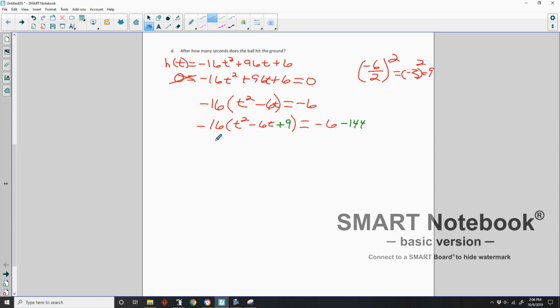So it's negative 16 times t minus 3 quantity squared, which gives us this here, equals negative 150. Now I'm going to divide both sides by negative 16.